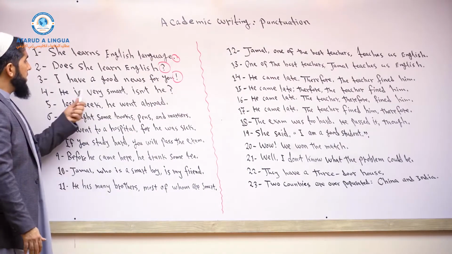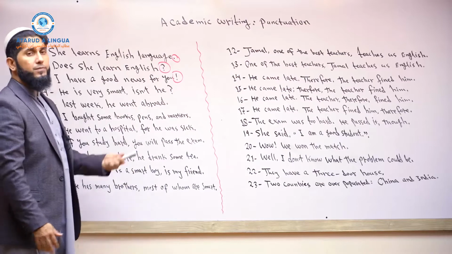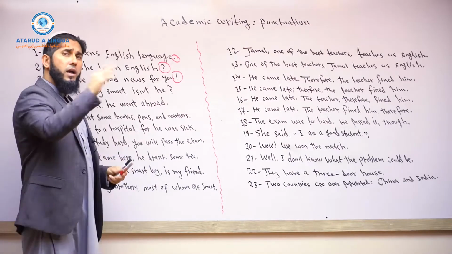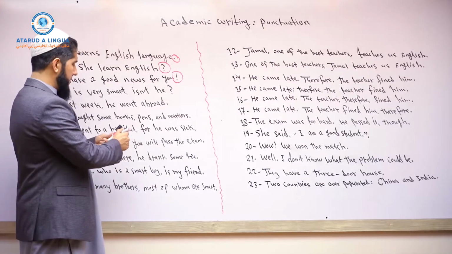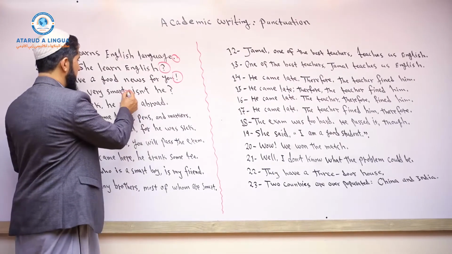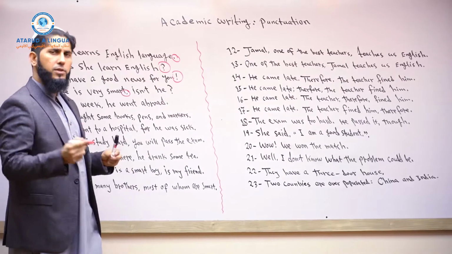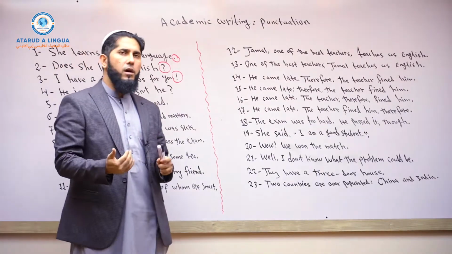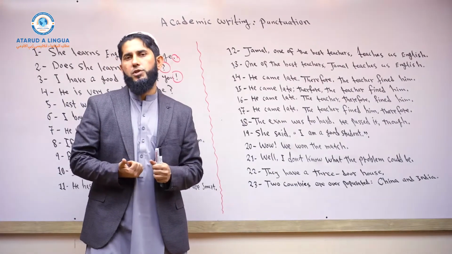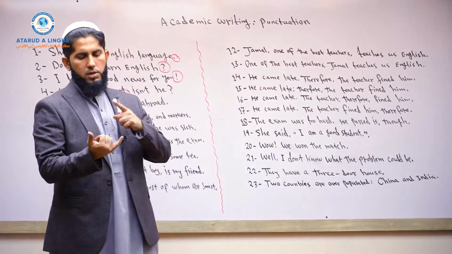Number 4, he is very smart, isn't he? So here, I already told you about the question mark, but the point is the comma over here. Actually, I forgot to say this, that in this lesson, we'll be working on the most common punctuation marks in English language.